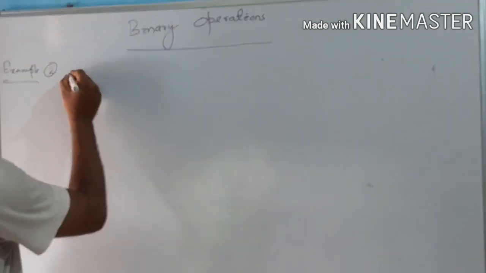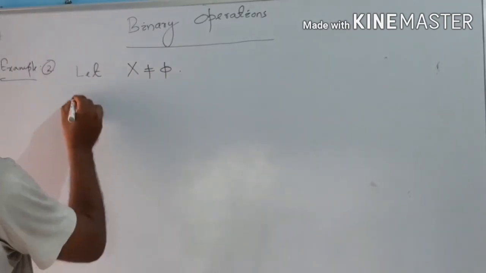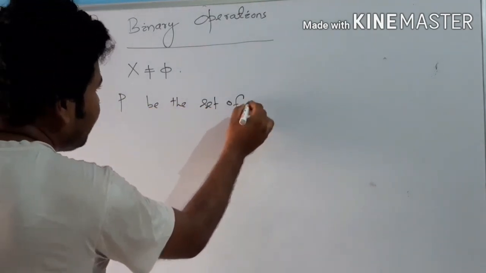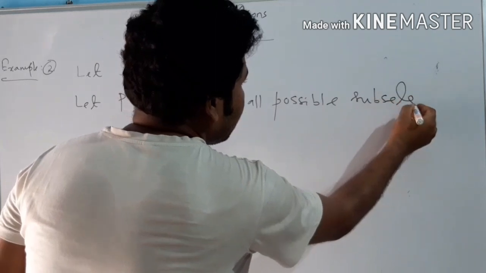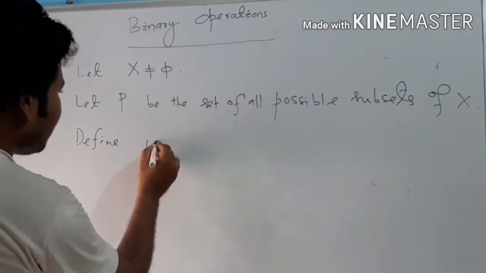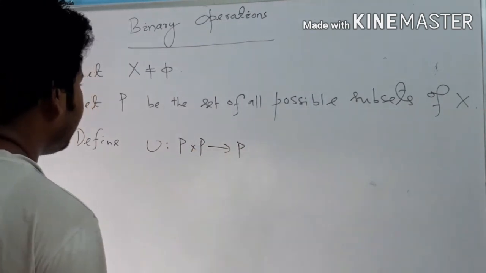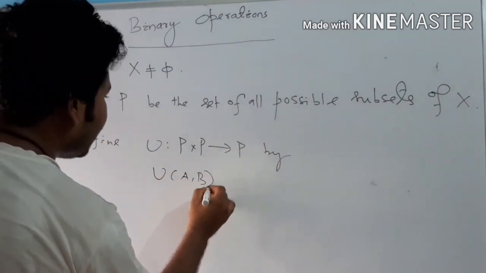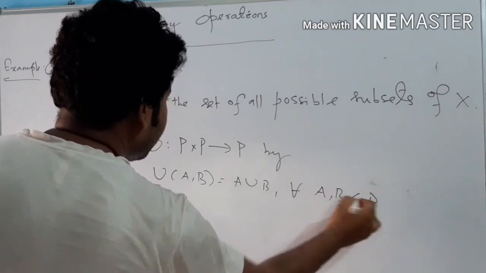Example 2: let X be a non-empty set, let P be the set of all possible subsets of X. Then we are defining the union operation from P cross P to P by U of (A, B) is equal to A union B, and this is true for all A, B belongs to P.